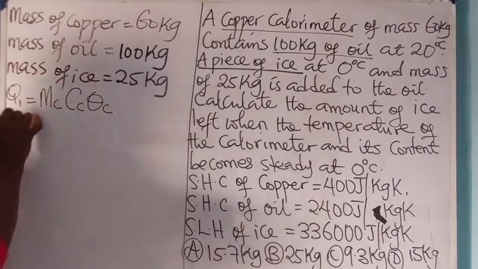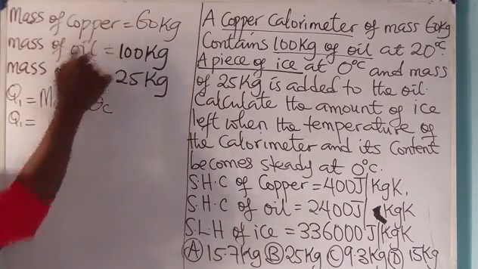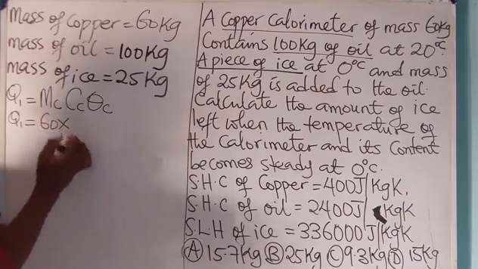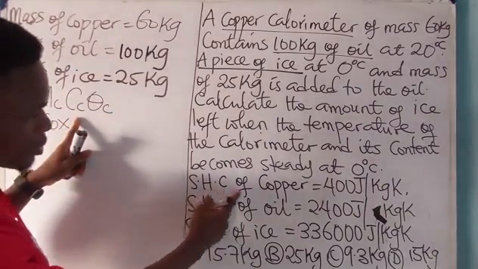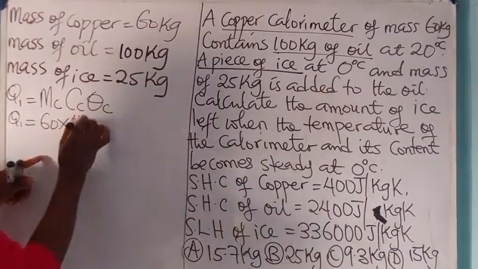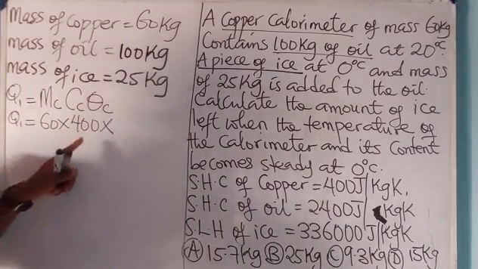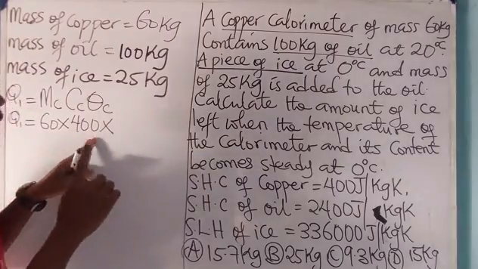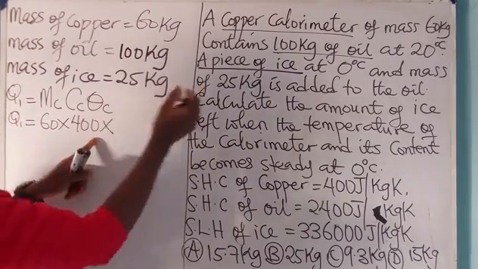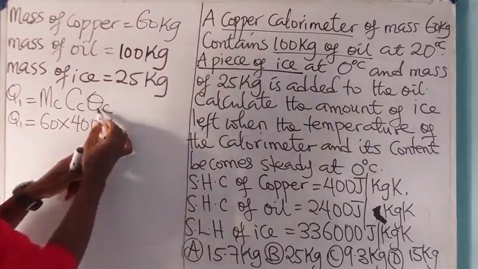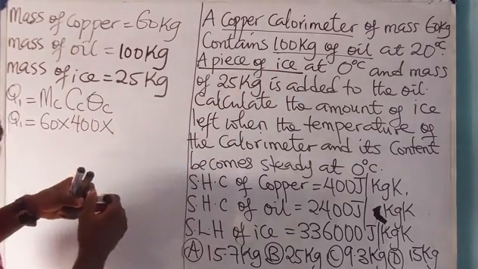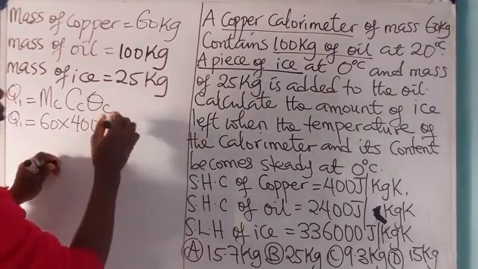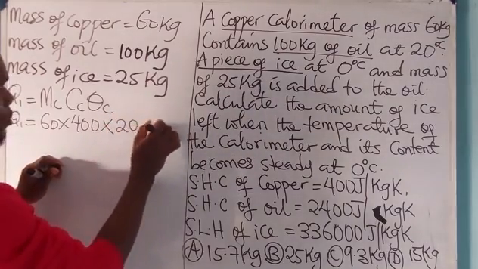So Q1 is equal to the mass of copper, 60, times the specific heat capacity of copper, 400, times the temperature change, theta 1, which is 20 minus 0.